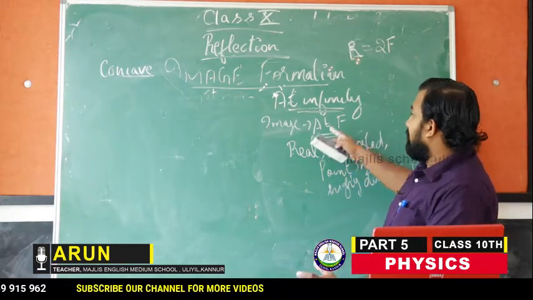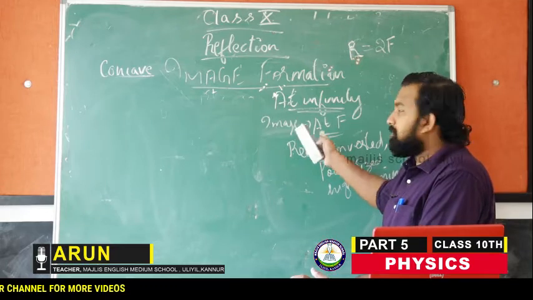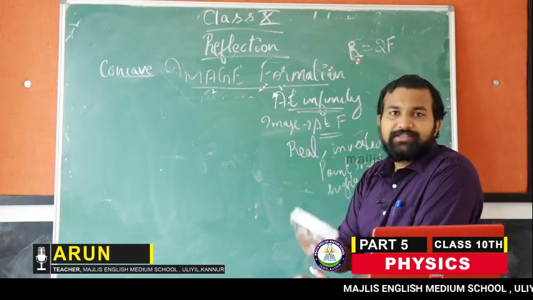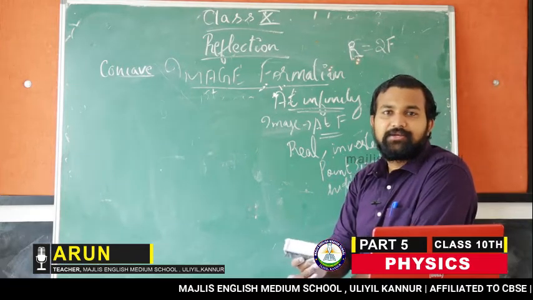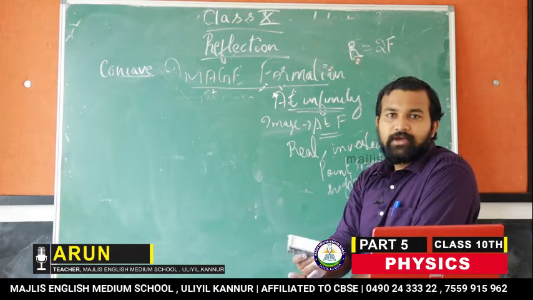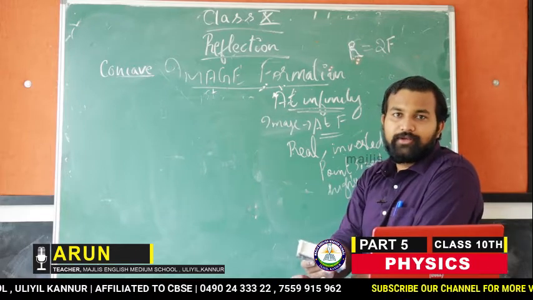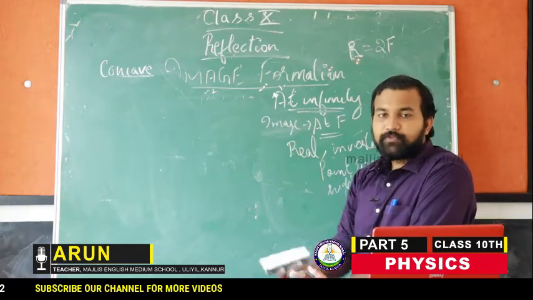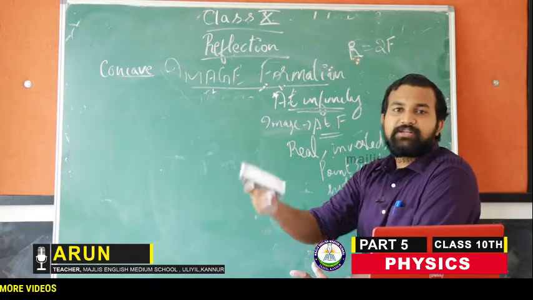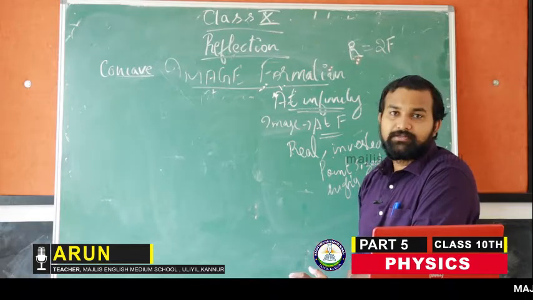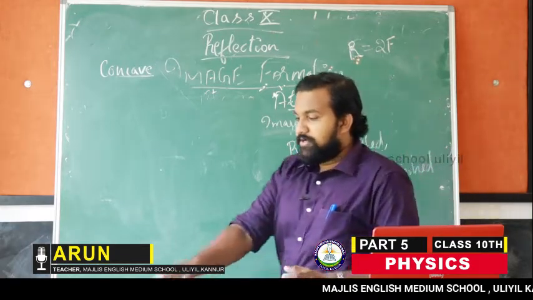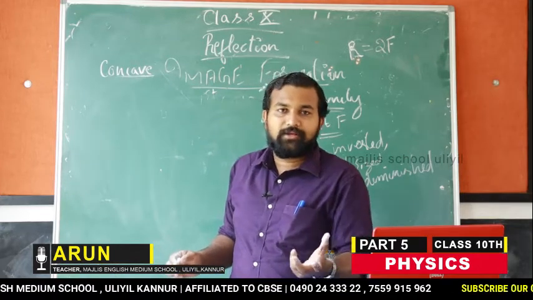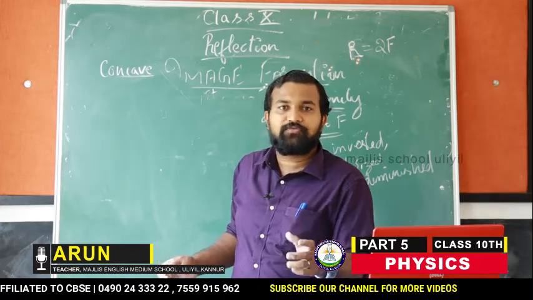When a clear image is formed on the screen, we can measure that distance and understand where the focus is located. If we know where the focus is, we can calculate the radius of curvature and find the center of curvature. Now we have found the center of curvature of the mirror. If any mirror is given, you can find the center of curvature like this.